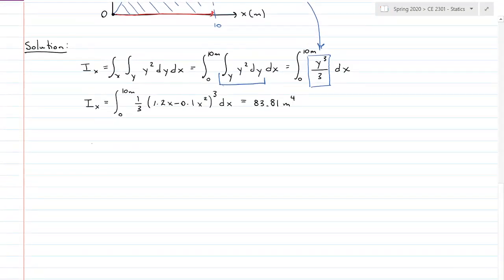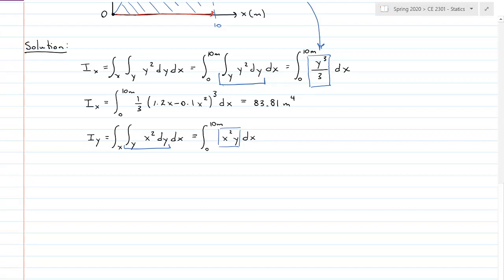Similarly for Iy, I'm going to put x on the outside, y on the inside: x squared dy dx. If we integrate this inside portion, we are going to get 0 to 10 meters of x squared y dx. We integrate in terms of y, so x just becomes a constant.